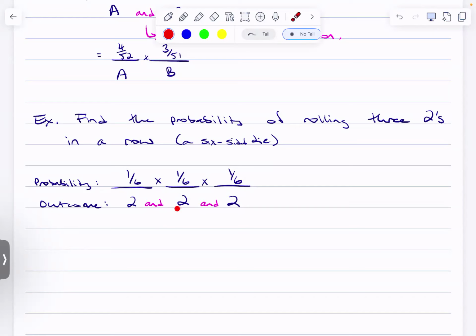This will be the same probability as any combination of three numbers of rolling a six-sided die: 1 in 6 times 1 in 6 times 1 in 6, which is 1 in 6 times 6 times 6, 1 in 216.